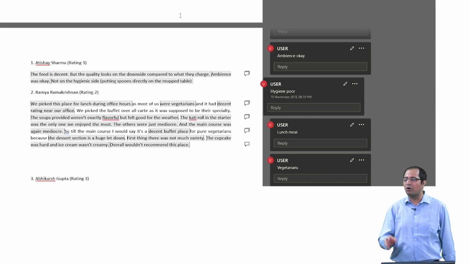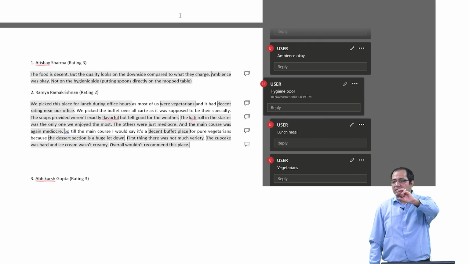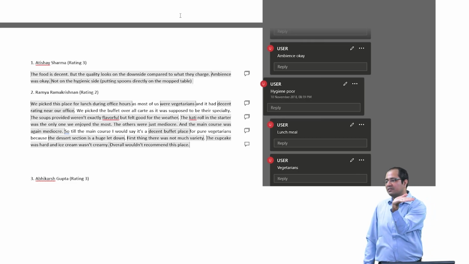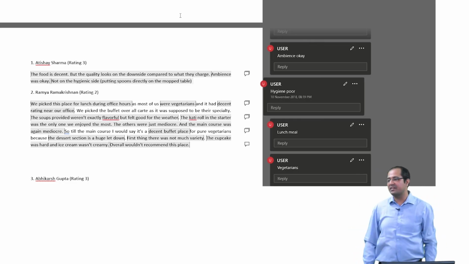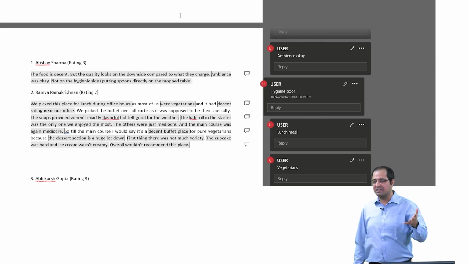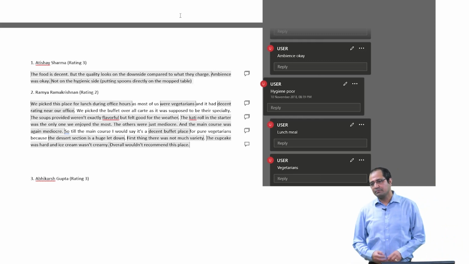This is called open coding, where your coding unit is a sentence or a couple of sentences that are together. Now in this case, for the first review, we put 3 codes that can summarize the idea of the review.